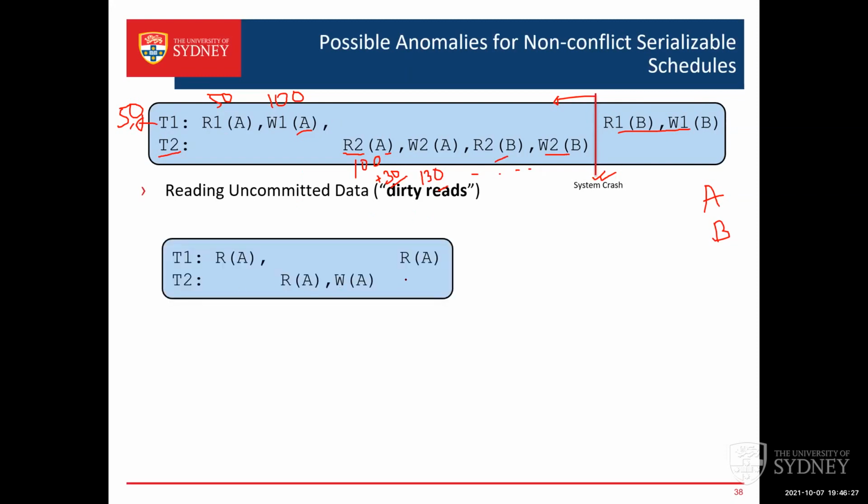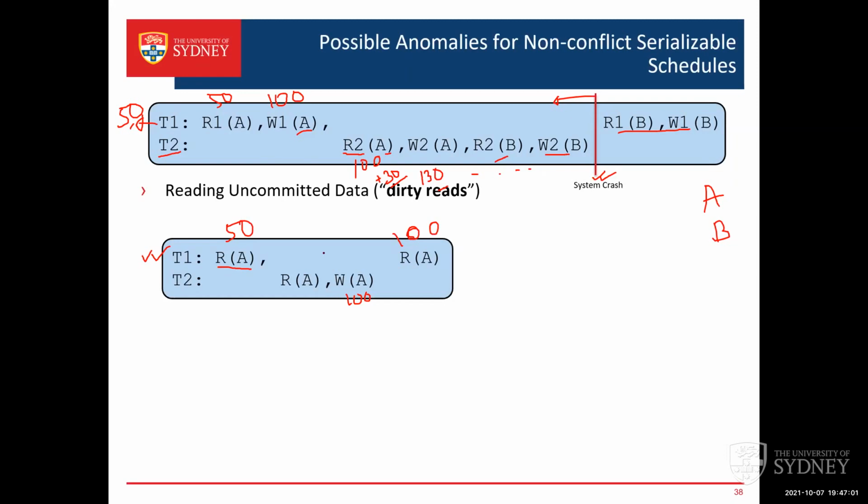What issue might happen in here? In the second scenario, have a look. Here I am reading A, so let's say I'm getting 50. In here I am writing A, so let's say I'm writing 100, and in there I am reading A again, and I'm getting 100. So just think about from the view of T1. T1 will see that I just read that item again, and this is coming up as 100, from 50 to 100.